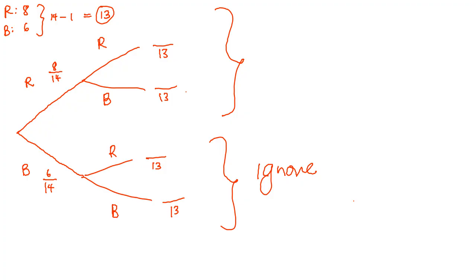Now, if you selected red the first time, so here when you had chosen the first marble, if you chose red the first time, that means that when you select the second time, you have 1 less red available. So basically, you're saying from having 8 red, and again, this is why you're treating each of them individually.